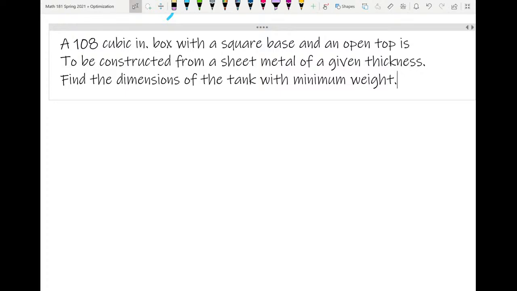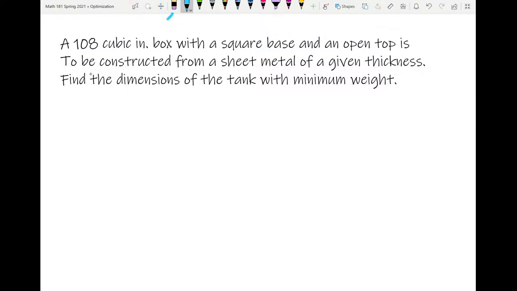So, what's the surface area formula? Before we do that, let's draw the tank out. All right, so it's a square bottom, and that's the height.